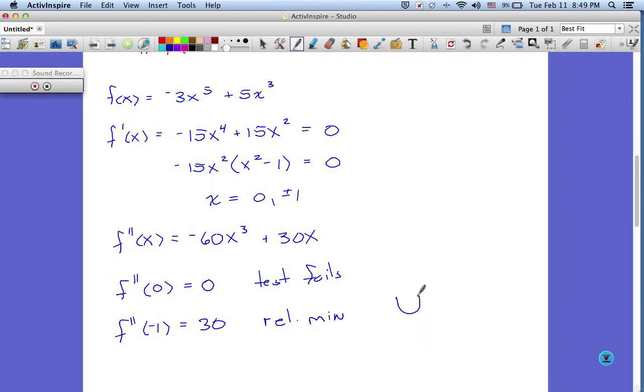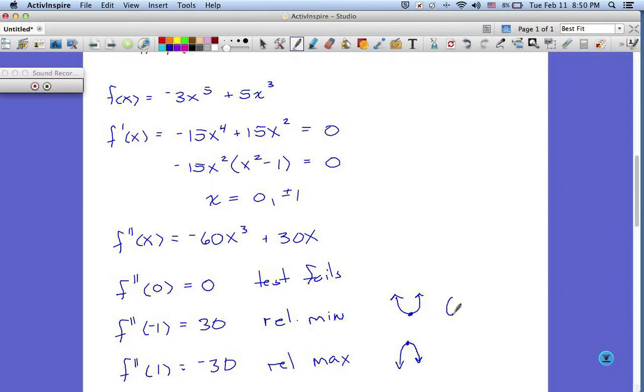because I'm concave up. My c value is down here at the bottom. And the second derivative evaluated at 1, it looks like we're going to get negative 60 plus 30, which is negative 30. That is a relative max because we're concave down, which means I'm at the top of there.